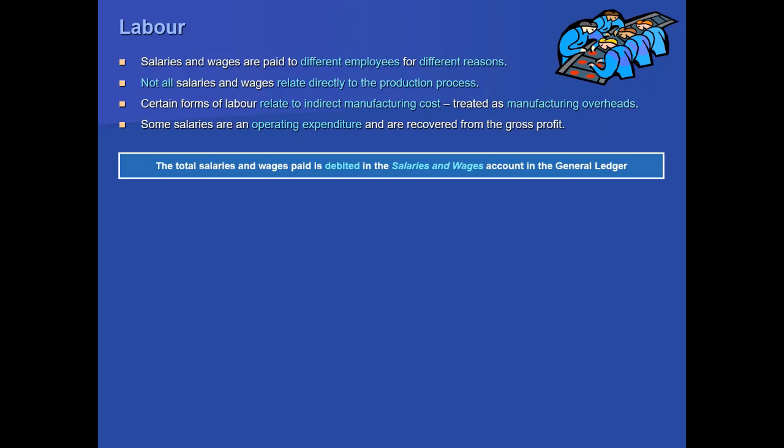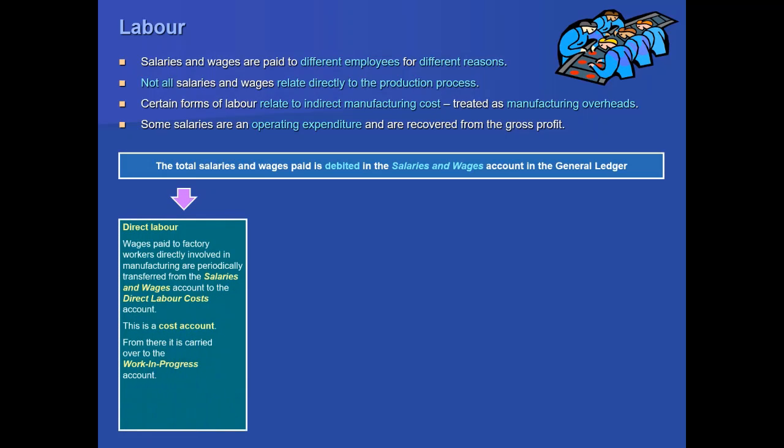The total salaries and wages paid is debited in the salaries and wages account in the general ledger because it's an expense. Expenses increase on the debit side. So direct labor, wages paid to factory workers directly involved in the manufacturing, are periodically transferred from the salaries and wages account, which we now know have a debit, to the direct labor costs account.